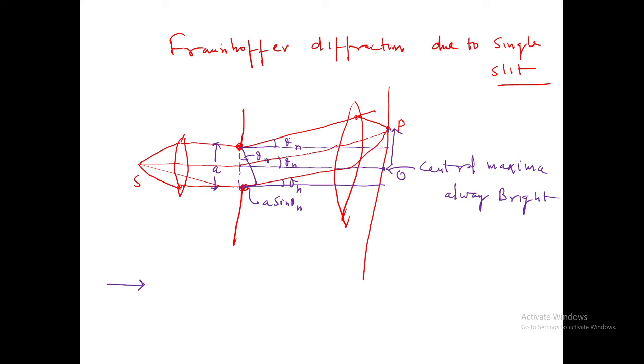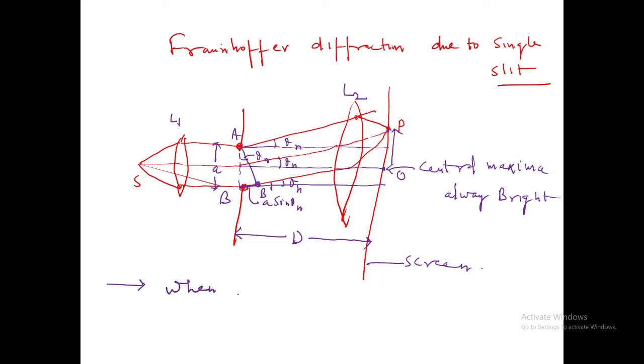This is the convex lens L2, and this is lens L1, and we have taken this distance as capital D. And this is the screen. This is point A, this is point B, and this is point B dash.